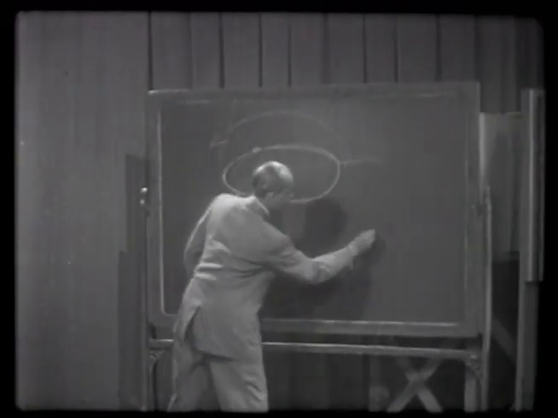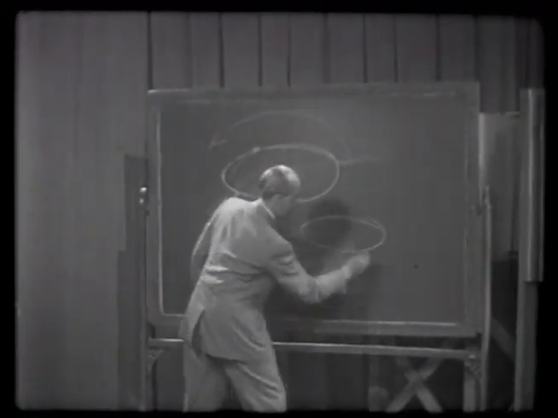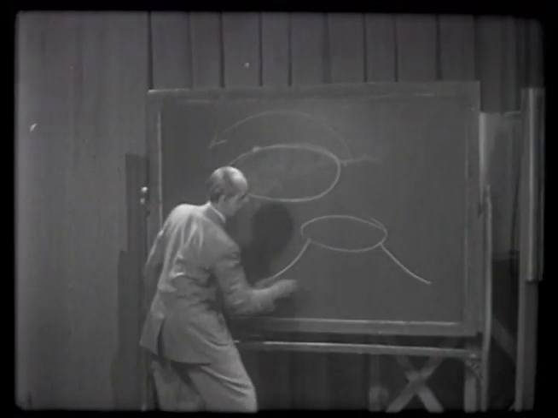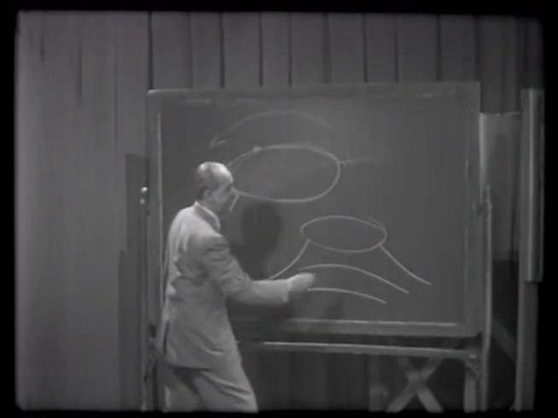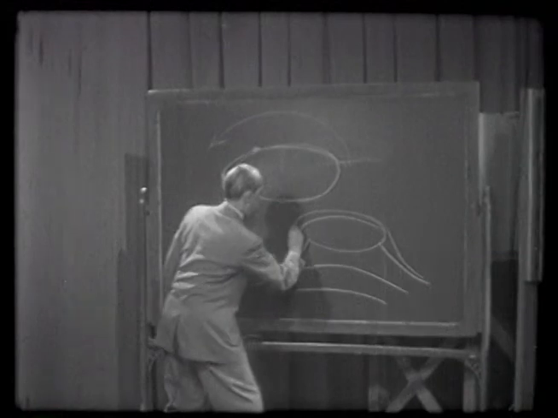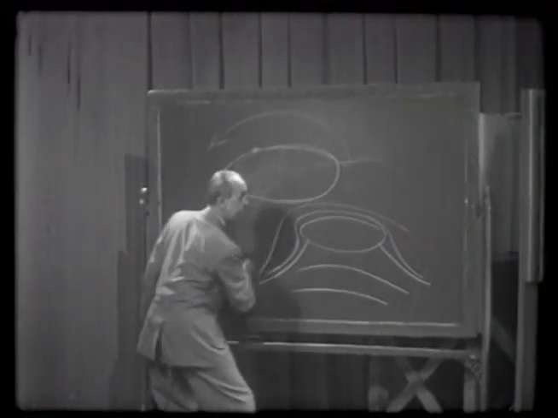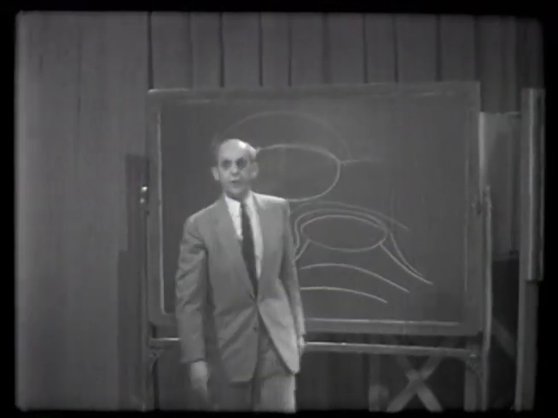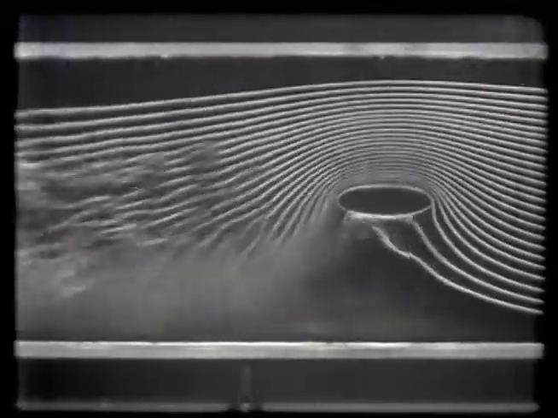We have almost achieved the picture which was once predicted by the theory, where we have here and there a stagnation point, very low speed underneath and very high speed above. We can do that artificially with blowing over the surface.